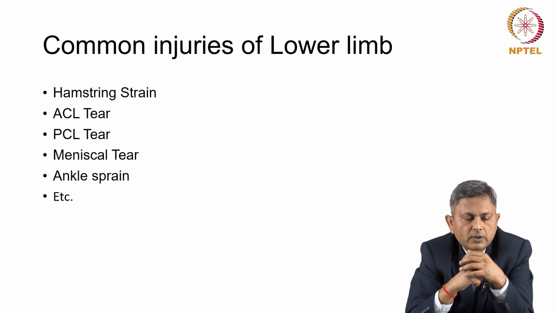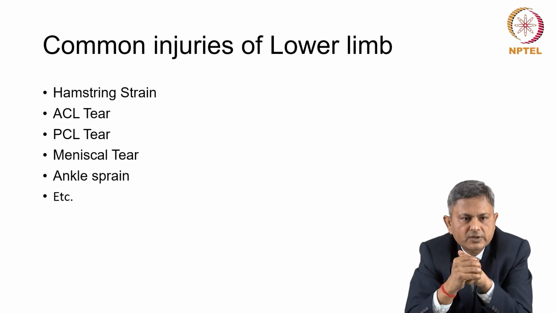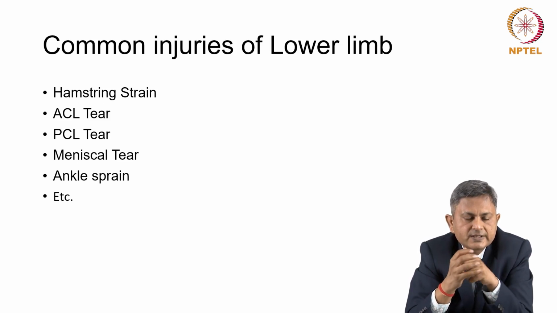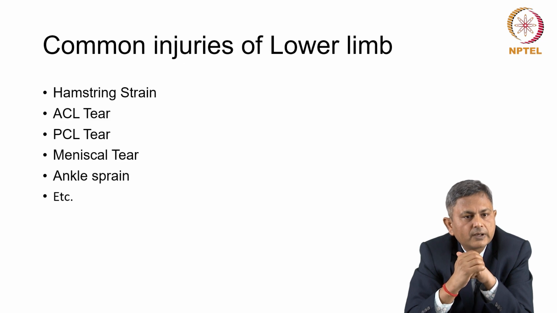When the powerful quadriceps and hamstring muscles are activated, these are the two structures, ACL and PCL, that hold the knee joint, and they are very powerful ligaments.